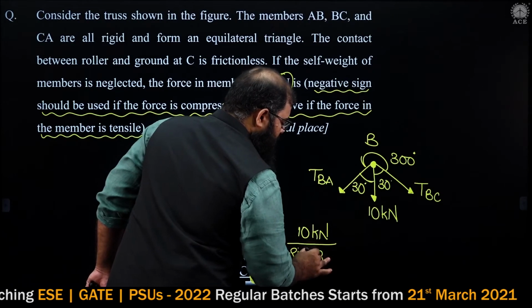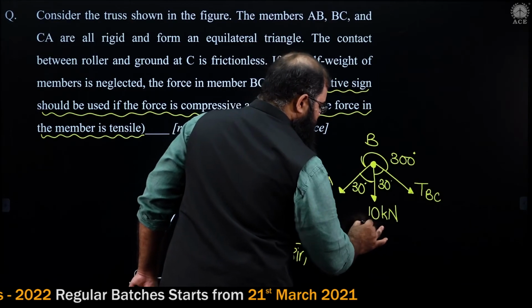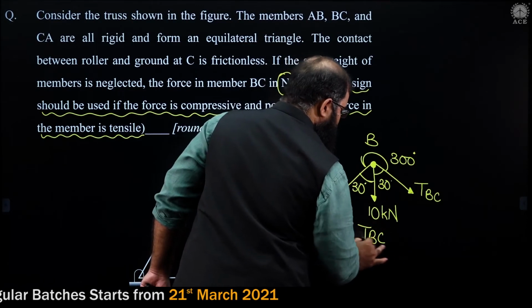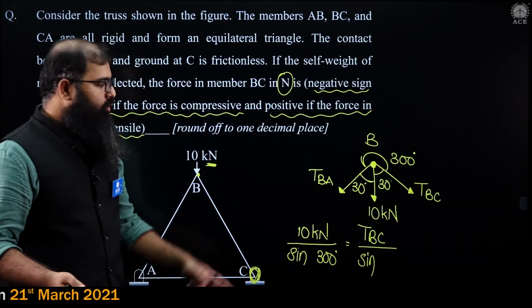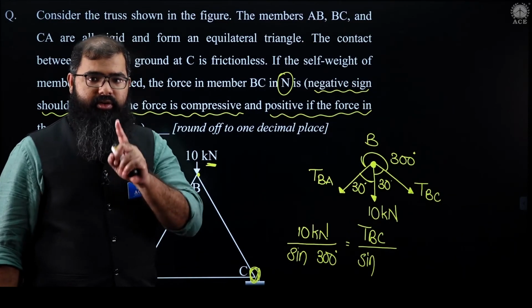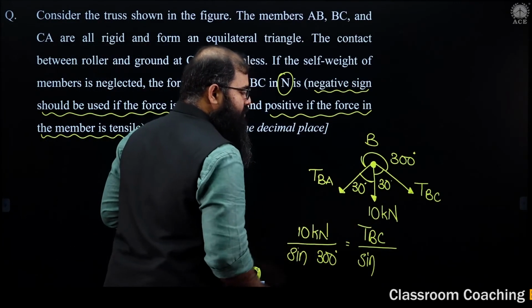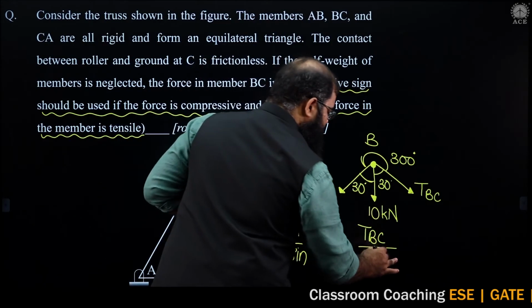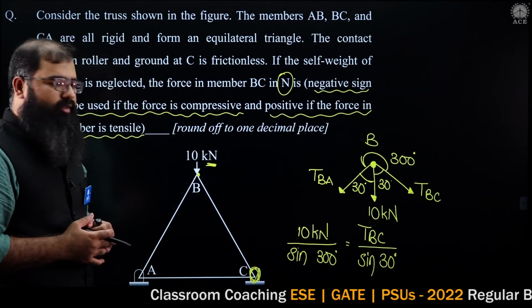So I'm going to take 300 degrees is equal to TBC upon sine of. Now, what would opposite mean? If I go in literal sense, again 300 would be opposite. That is wrong. Opposite means the angle between the other two forces. These two forces angle is equal to 30 degrees. Sine of 30 degrees.